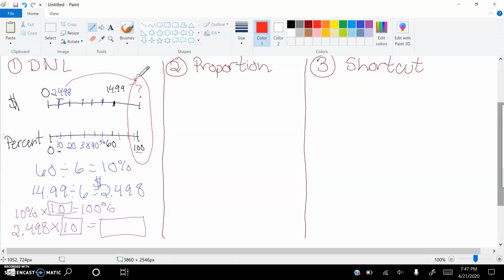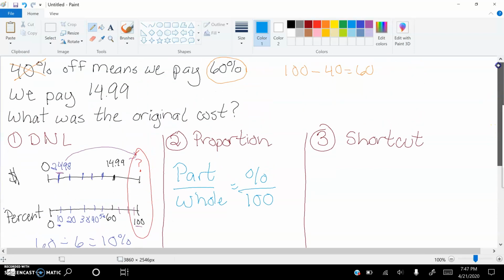The next strategy we're going to do is setting up a proportion. So we've done this before. We set this up as part over whole equals percent over 100. So let's look at what numbers we have in the problem.